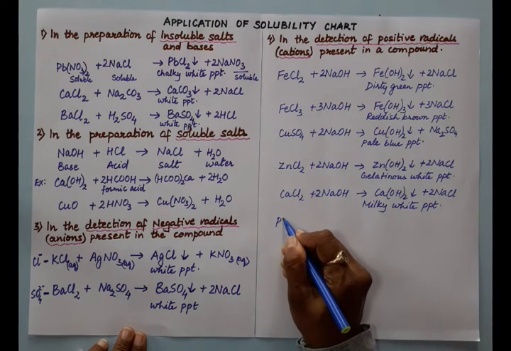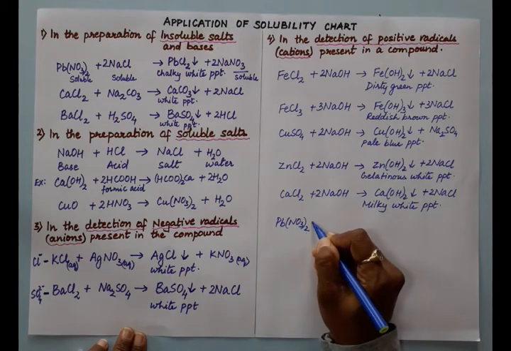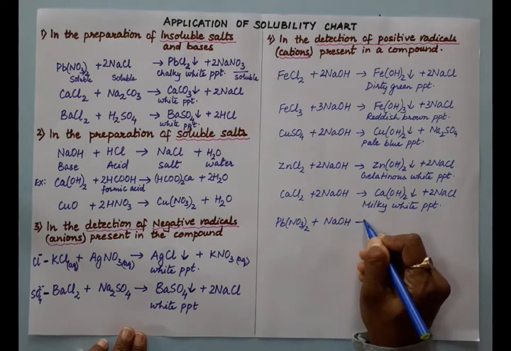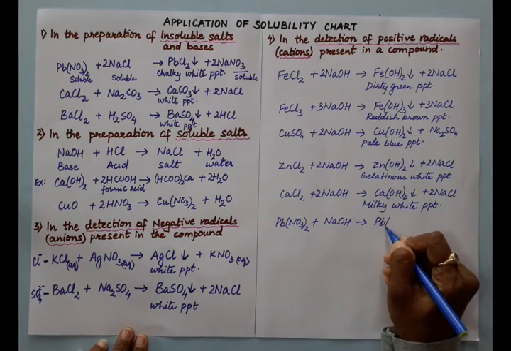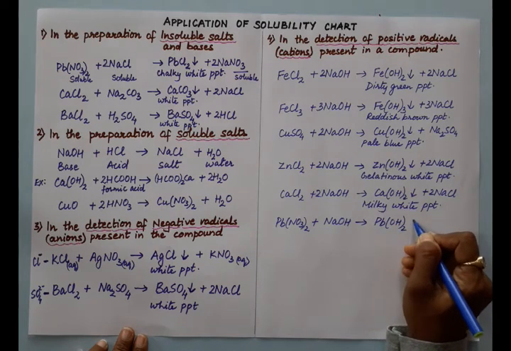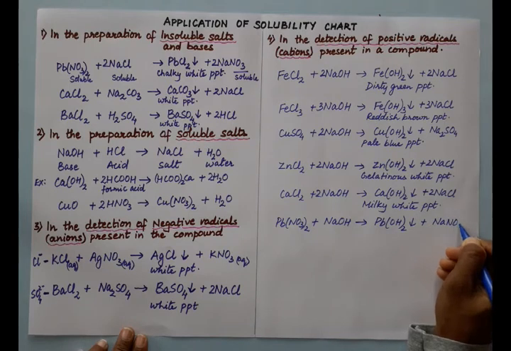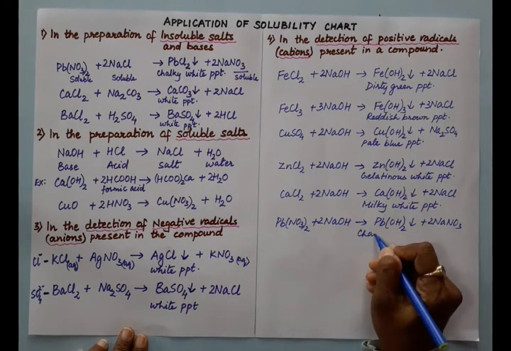And if we take lead nitrate, we can't take lead chloride because lead chloride itself is insoluble. Lead nitrate is the only soluble compound of lead. So lead hydroxide is formed along with sodium nitrate. This is a chalky white precipitate.